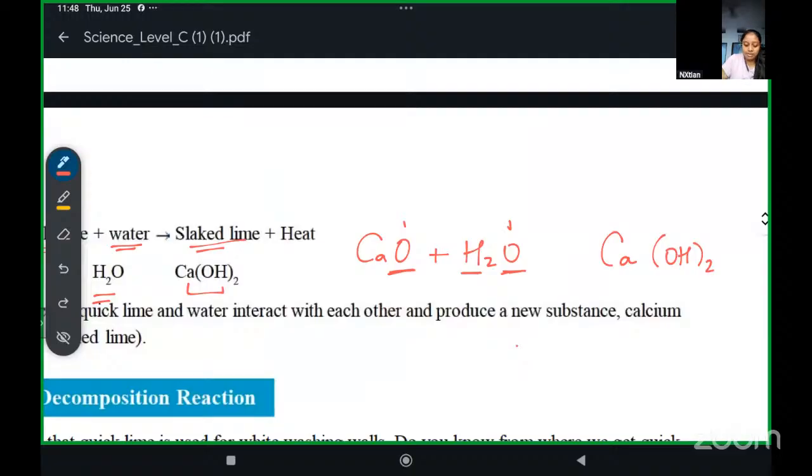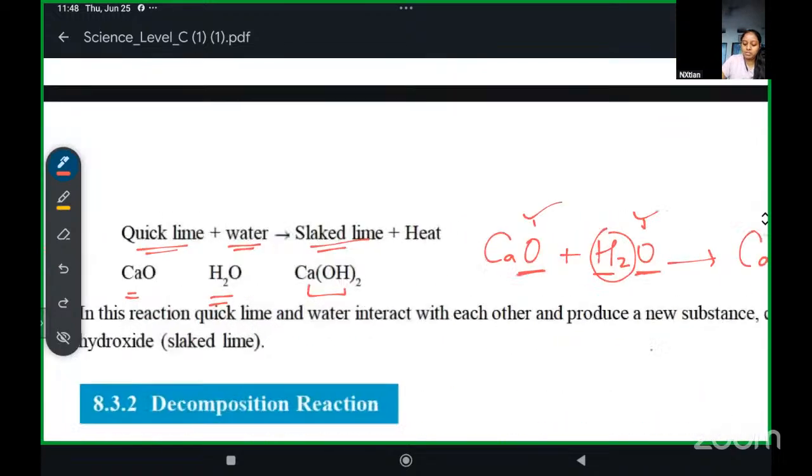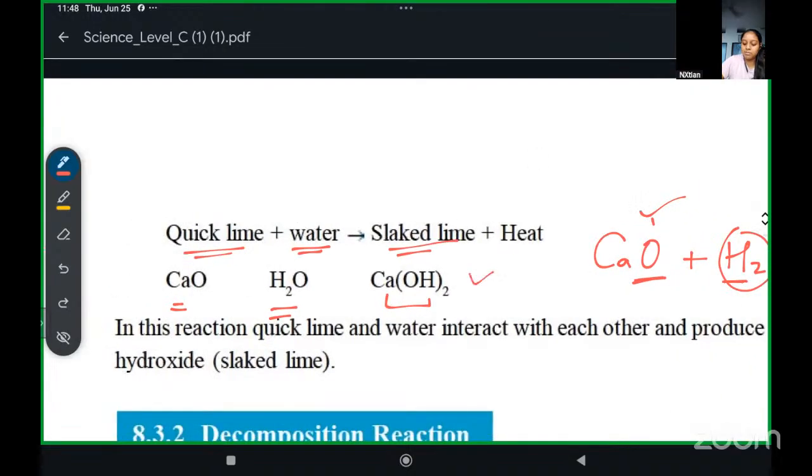So it results in slaked lime, the chemical name for which is Ca(OH)2. This is a combination reaction, where two substances combine to give a new substance.